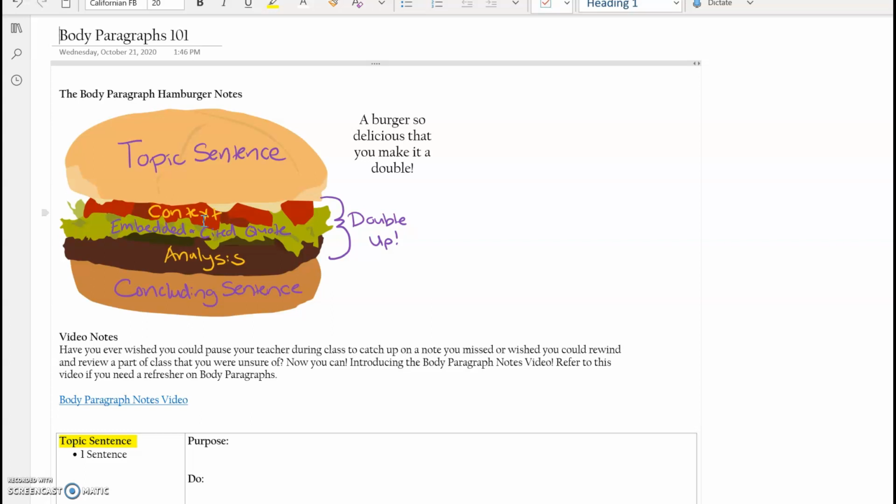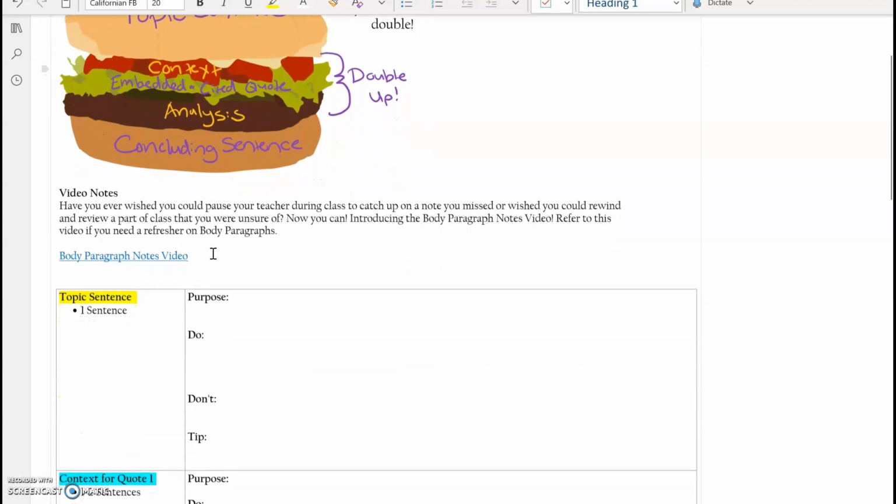And the burger is so delicious that we do everything inside twice. We want a double burger. Having that double burger is really going to feed and fuel us as readers and writers. So it's just a cutesy way of remembering what to include within your body paragraphs.